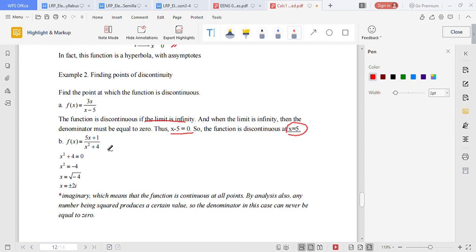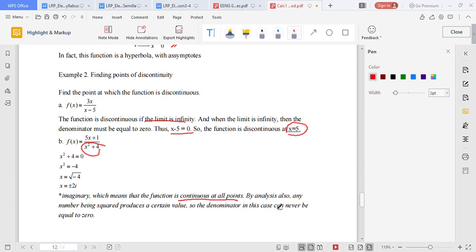How about this one? We have 5x plus 5 over x squared plus 4. So we just equate the denominator to 0. So we have x squared equals negative 4, and x equals the square root of negative 4, and we all know that the imaginary value does not exist, and so this means that the function is continuous at all points.